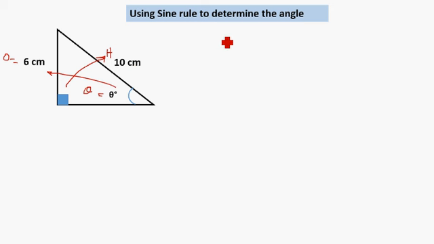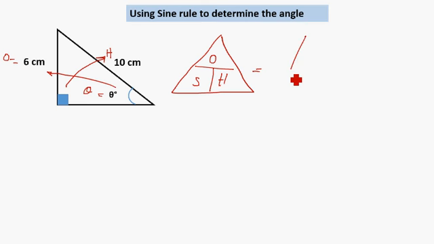So using your triangle, in this case when we're looking for the angle, we'll have to do one extra step. So this is sine angle, and the opposite is 6, hypotenuse is 10.